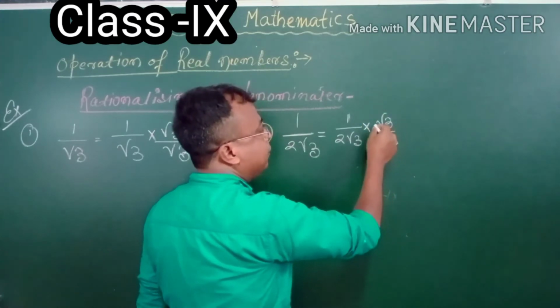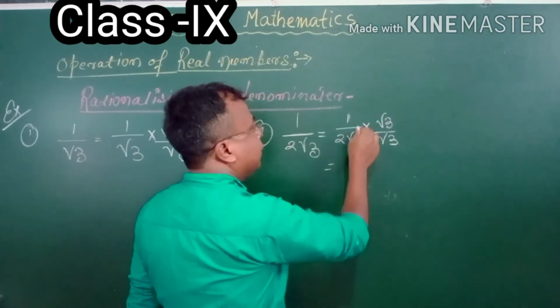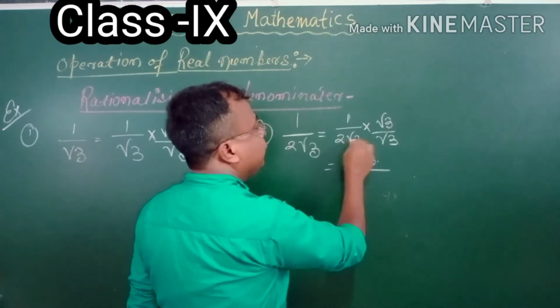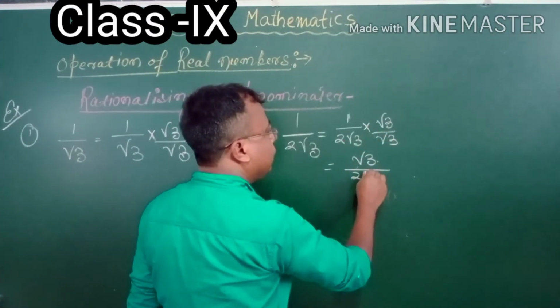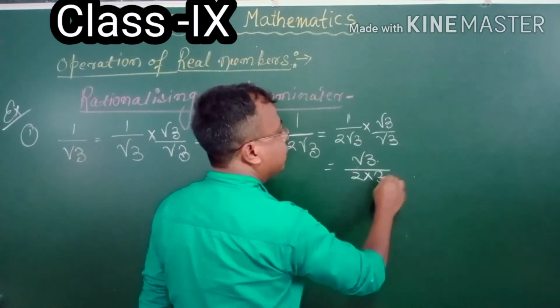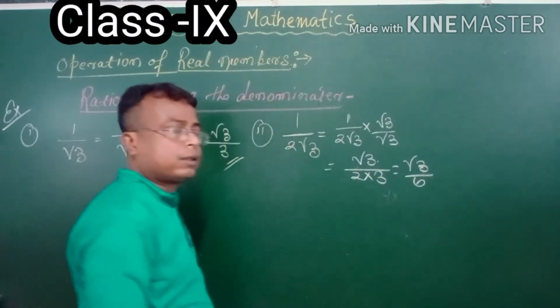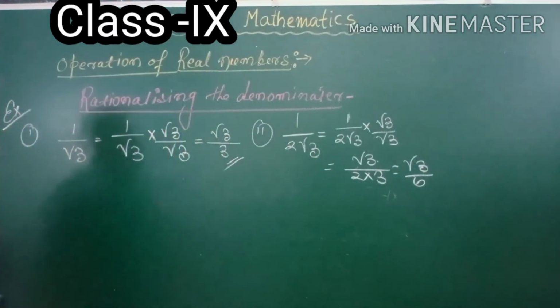You can multiply with 2 root 3 also, no problem. So 1 into root 3, root 3. 2 into 1, 2. Root 3 into root 3, 3. So what we got is root 3 by 6. The denominator became a rational number. Is it clear to you or not?